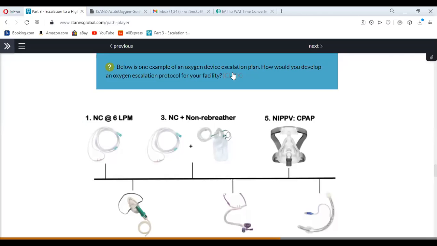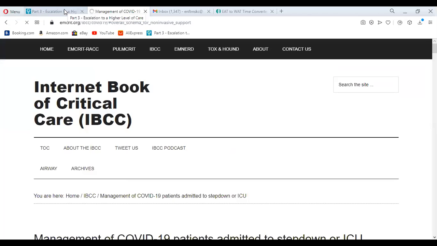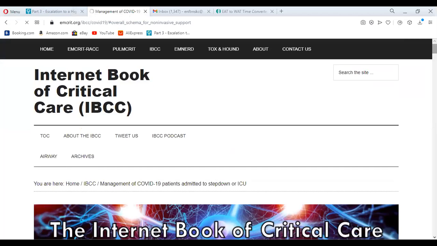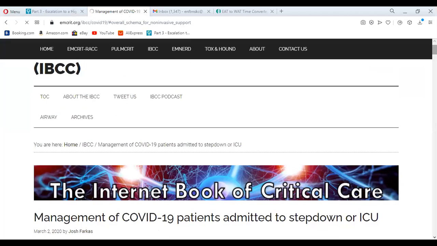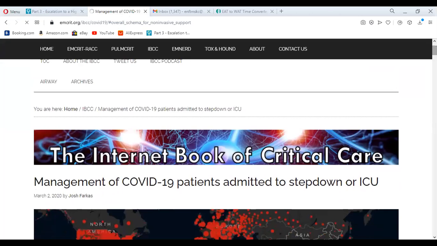And I think that's what this information we are about to click will tell us. It will give us information on the various equipment, the advantages, the pros and cons, and when they need to be used. So let's move down.